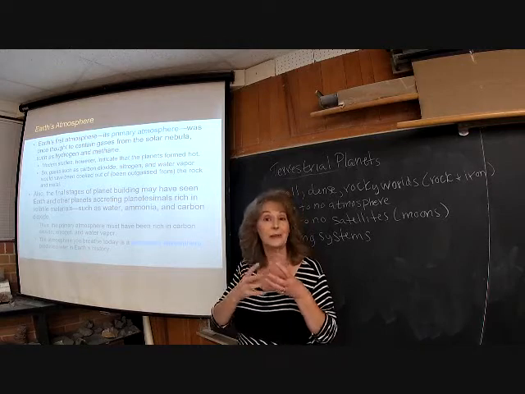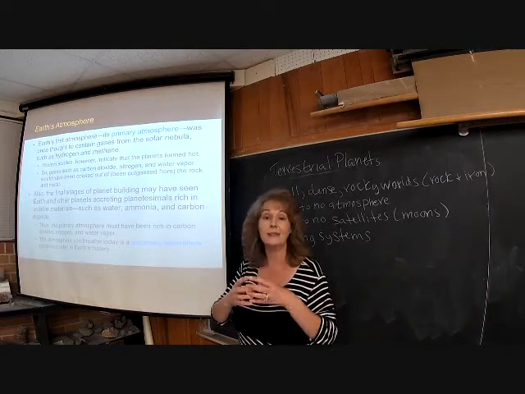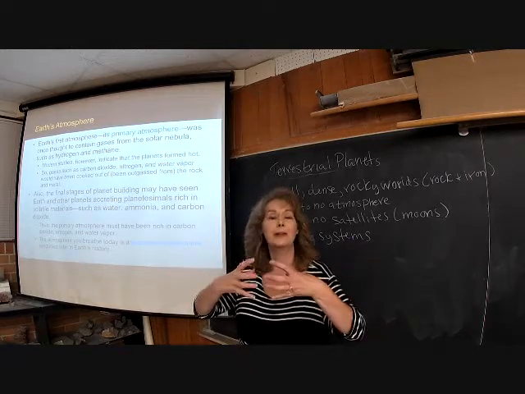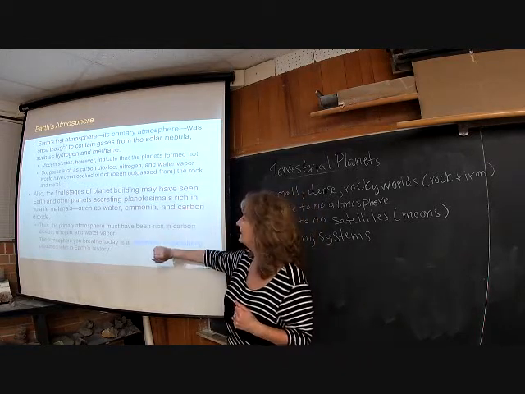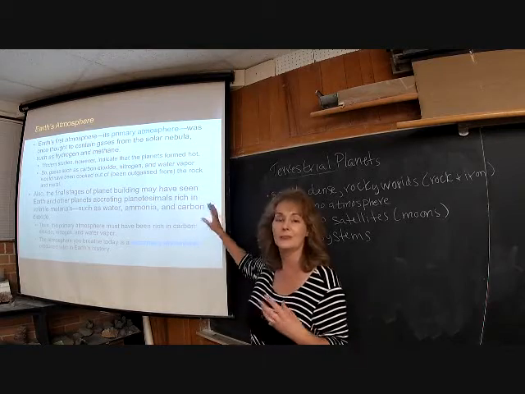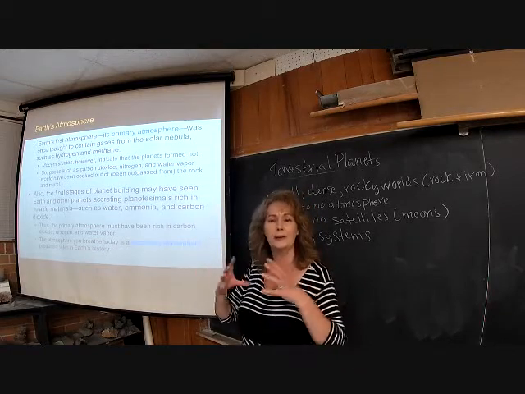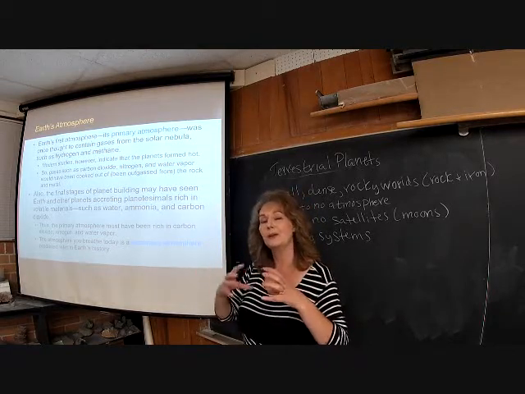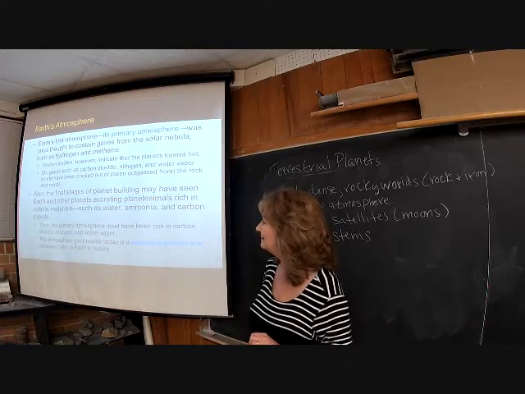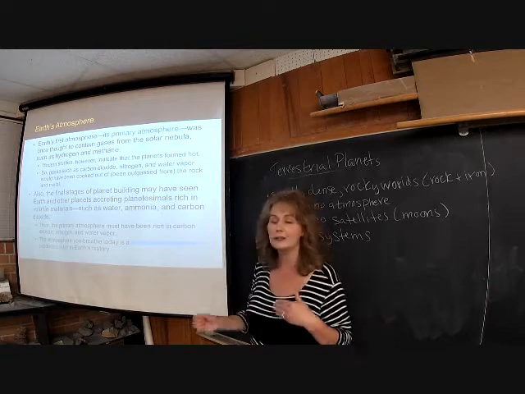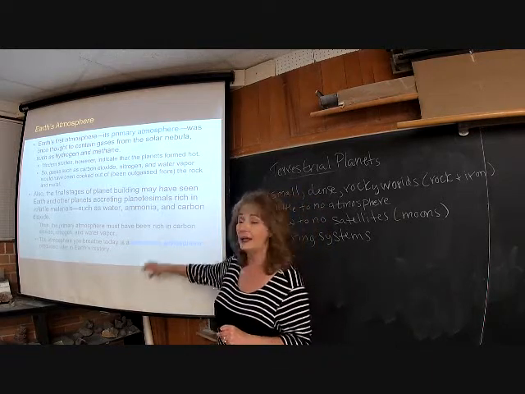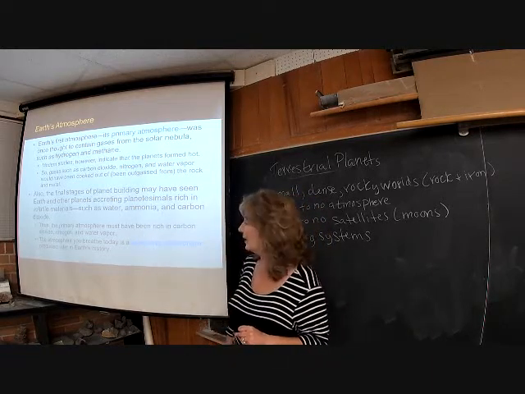Those may have had some icy bodies in them, and planet Earth scooped those up. Maybe they had some water, ammonia, maybe some carbon dioxide. So, that big bombardment period. Earth may have incorporated some of that. But that primary atmosphere, they believe, was rich in carbon dioxide, nitrogen, and some water vapor as well.